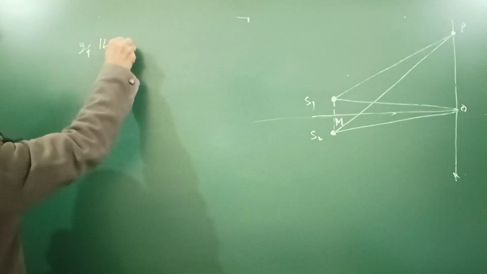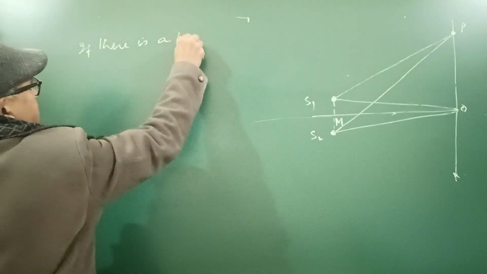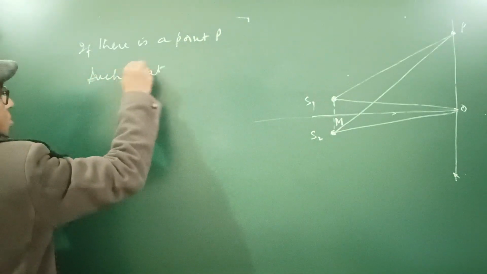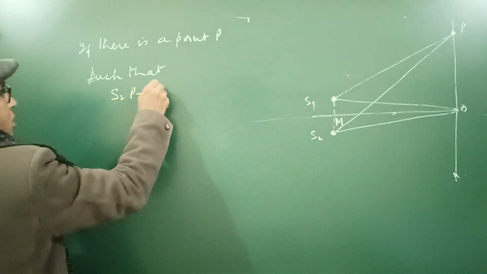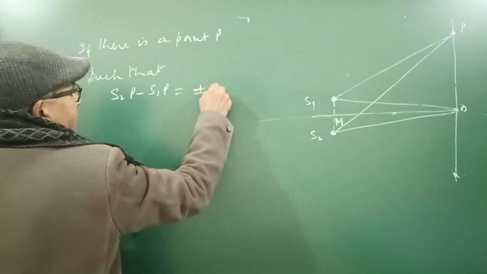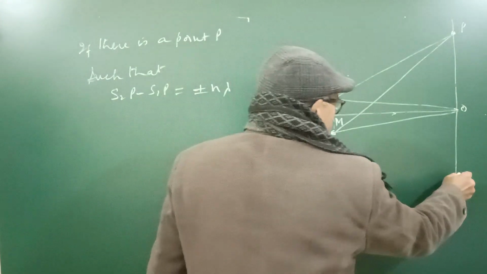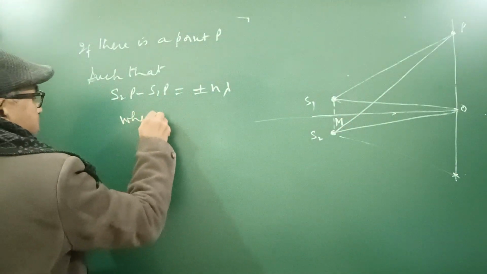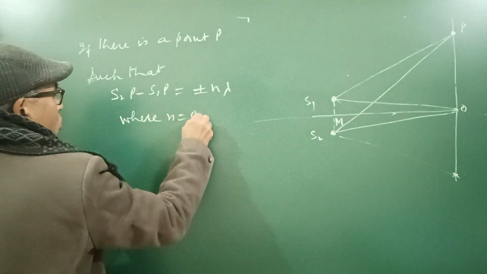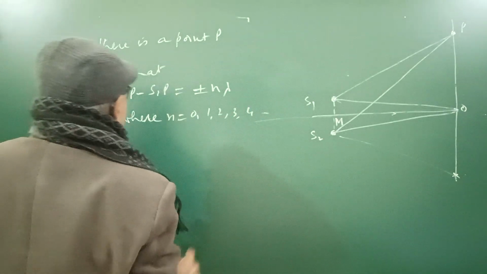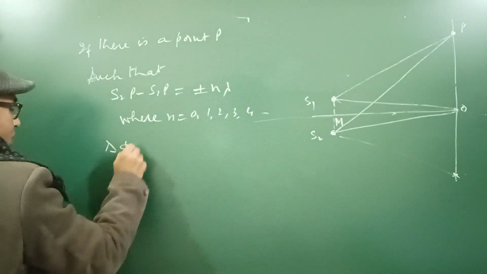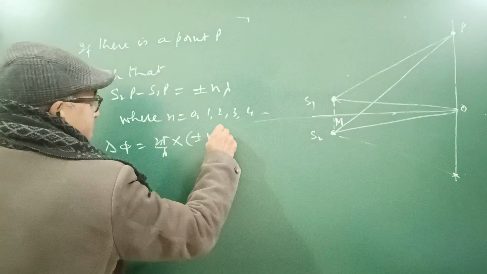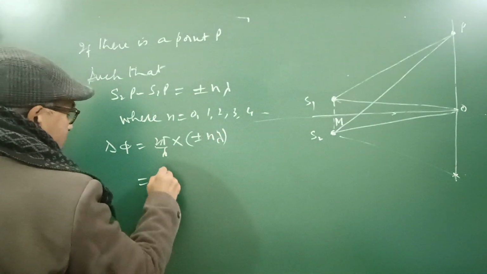If there is a point P such that S2P minus S1P equals plus or minus n lambda, where n equal to 0, 1, 2, 3, 4 and so on, then delta phi will be 2 pi upon lambda into delta x, which is plus or minus 2n pi.